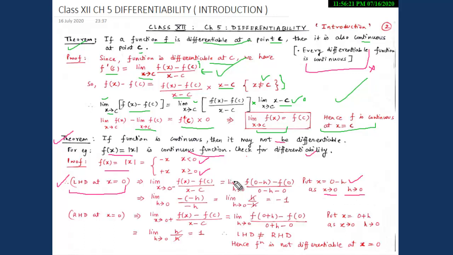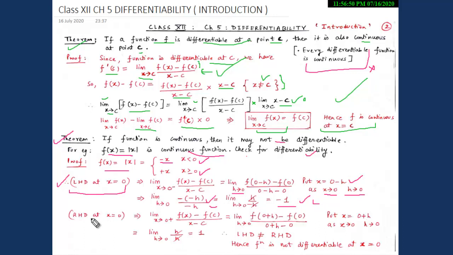Therefore we can write limit h tends to 0, (f(0 - h) - f(0)) / (0 - h - 0). The value of f(0 - h) will be equal to -(-h), so we get limit h tends to 0, h upon -h, and this equals -1. Therefore the left hand derivative at x = 0 is equal to -1.